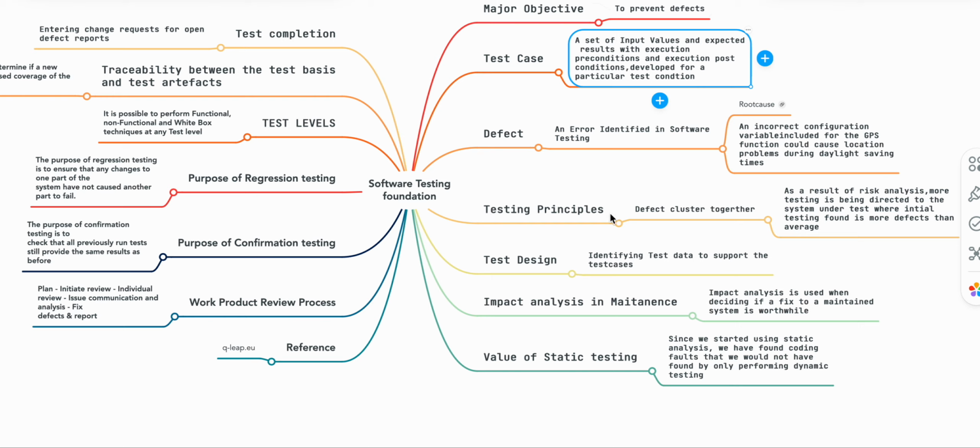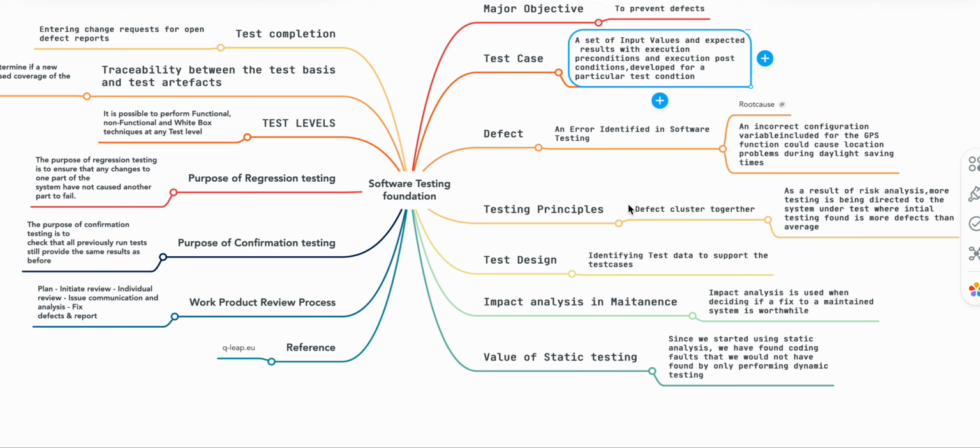So, testing principles. One of the testing principles displayed here is defects clustered together, out of the 7 testing principles we already studied. As a result of risk analysis, more testing is being directed to the system under test where initial testing found more defects than average.